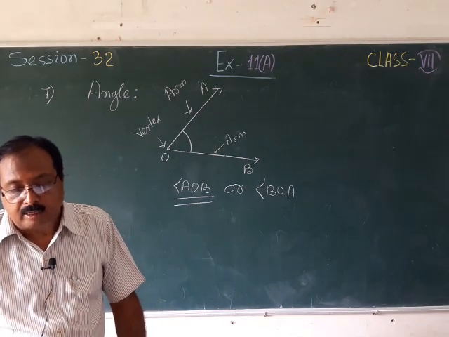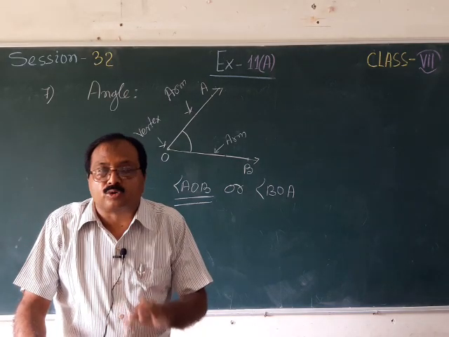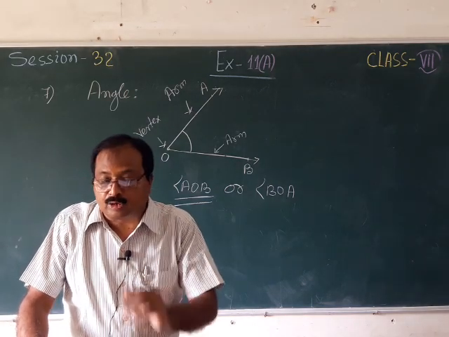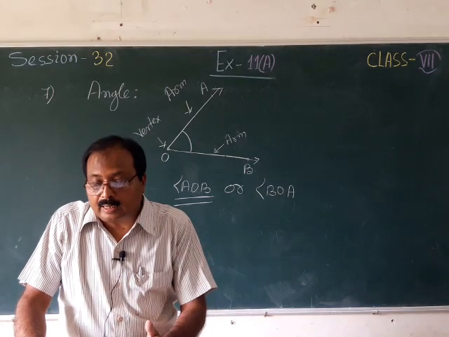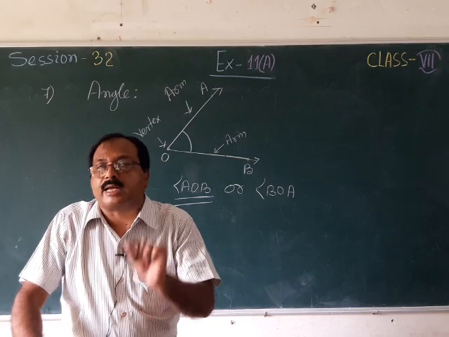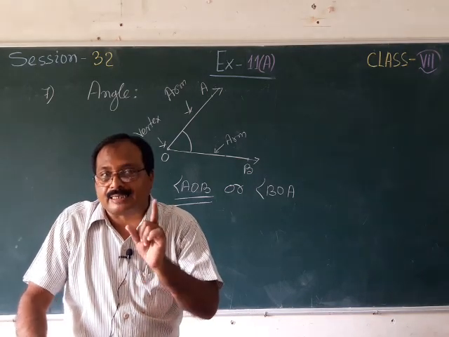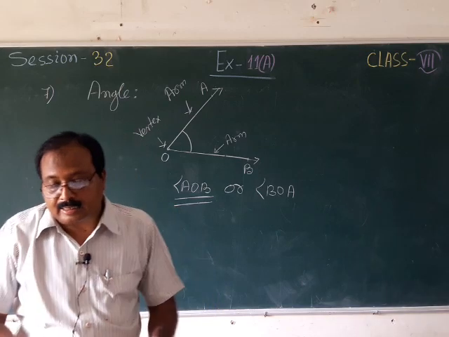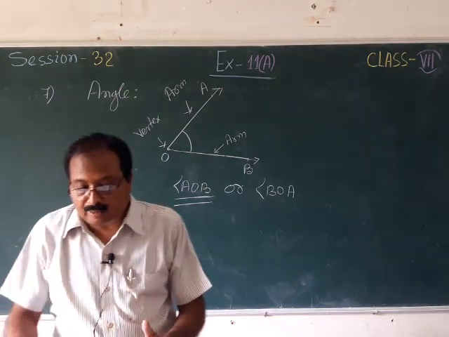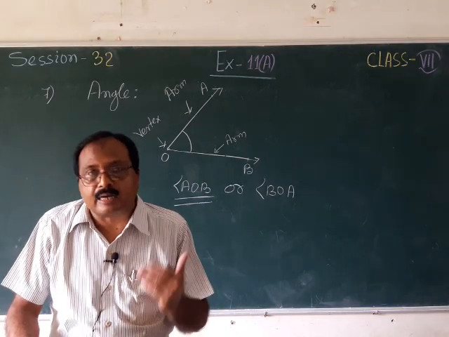Now I am talking about different types of angles based on their measurement, that you know. Zero angle, measurement of 0 degree. Acute angle, that means any angle measuring less than 90 degree is known as an acute angle. Right angle, an angle whose measure is 90 degree. The obtuse angle, an angle whose measure is more than 90 degree but less than 180 degree.